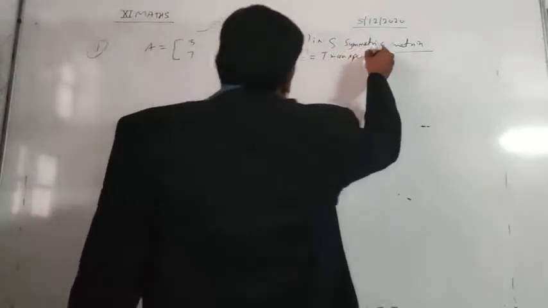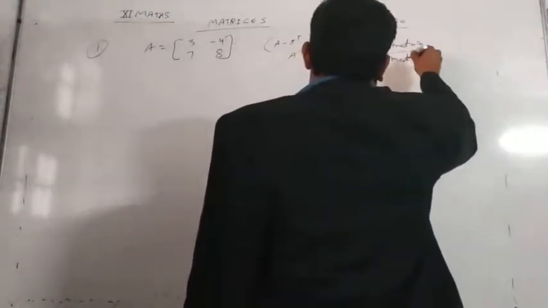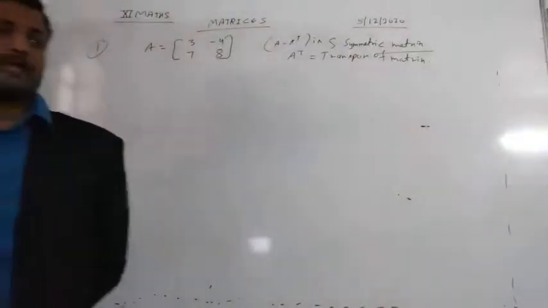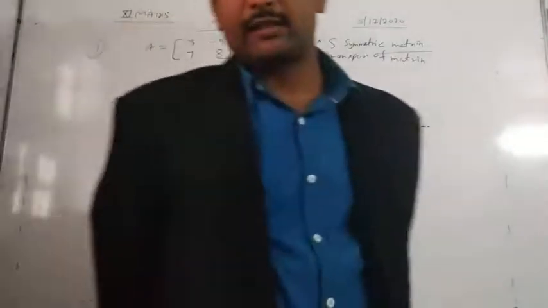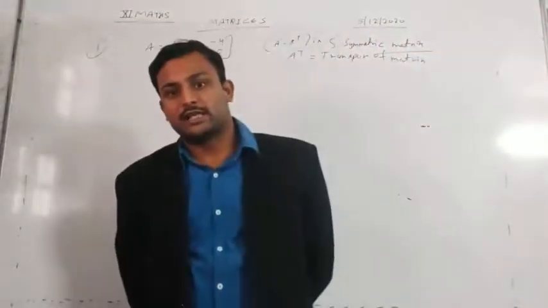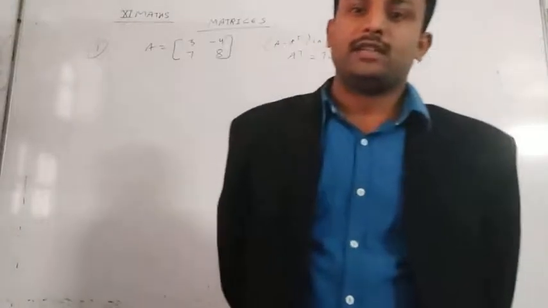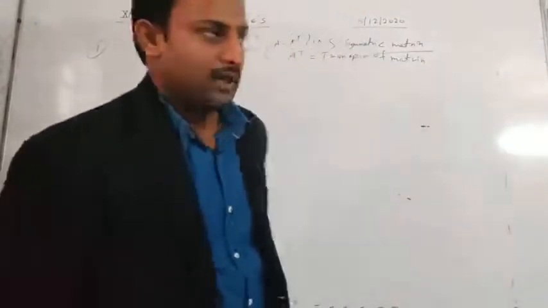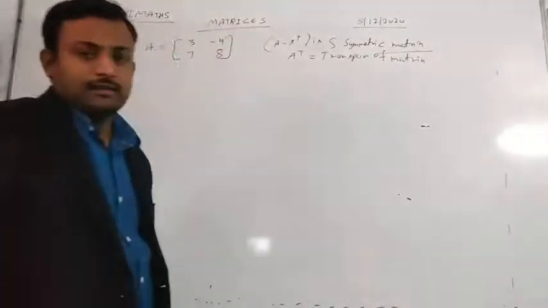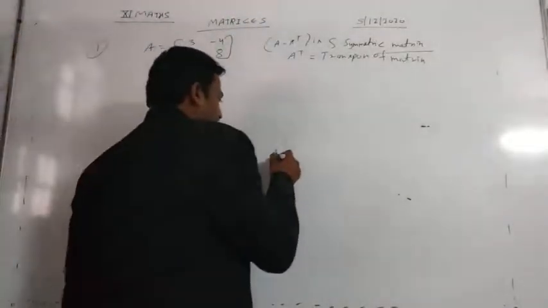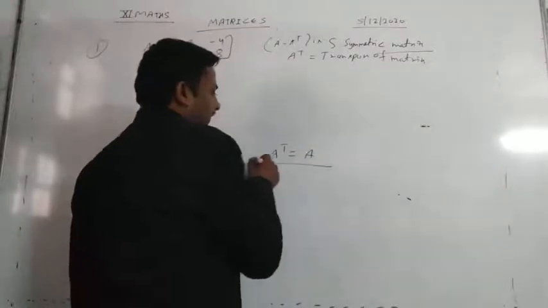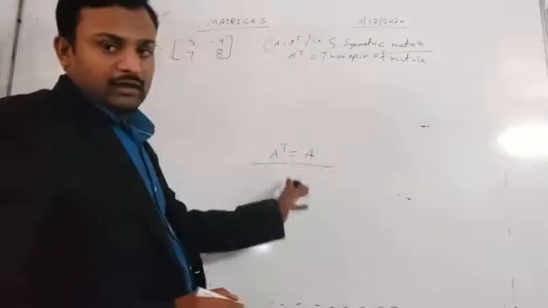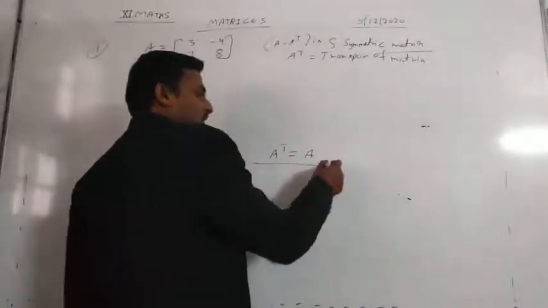So, students, a matrix is said to be the transpose of a matrix when we change its rows into columns. As for symmetric and skew symmetric matrices: if the transpose of A is equal to the matrix A, then it is said to be a symmetric matrix.